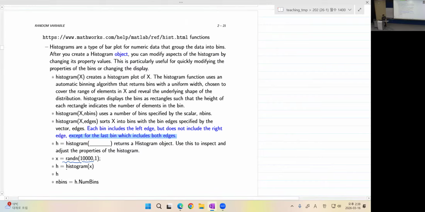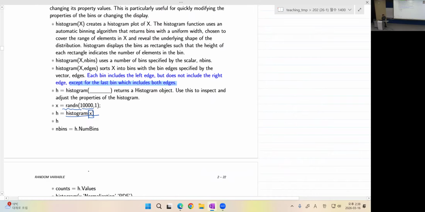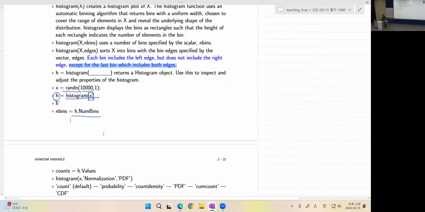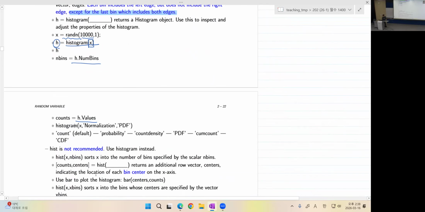Okay? And we use histogram. As you see, only the data is going in. In that case, MATLAB automatically selects the bin edges. And it returns the number of bins, values, and some other things.